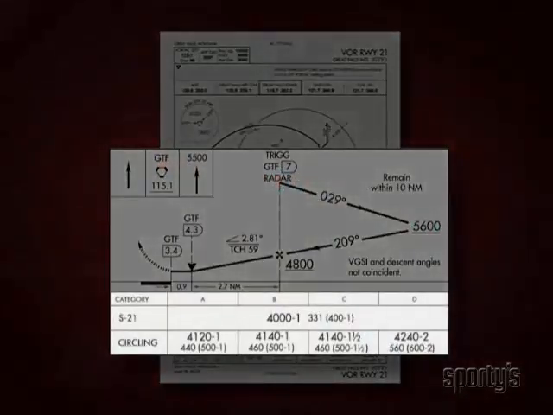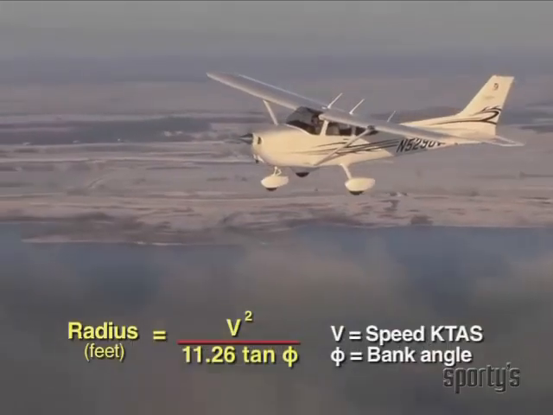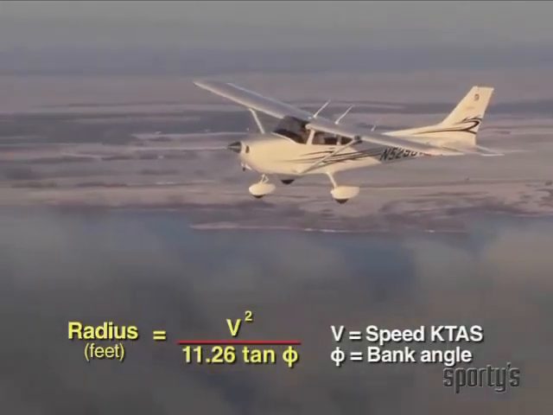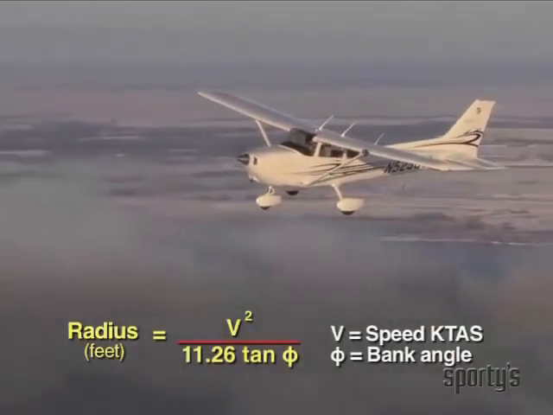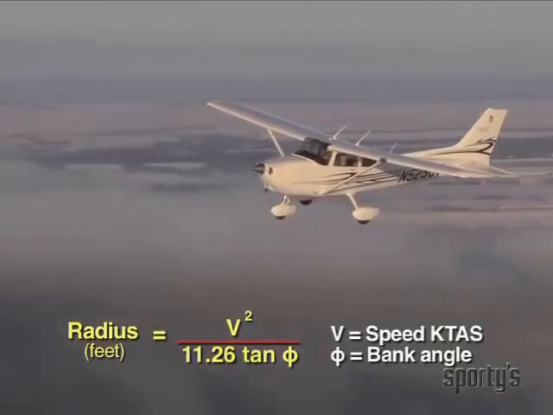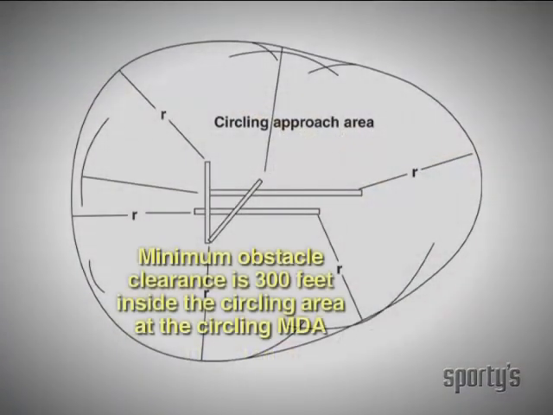Aircraft approach categories are primarily established for circling approaches. The size of the circle flown is related to the speed of the aircraft squared. Twice the speed quadruples the radius of the turn. The obstacle clearance area for circling approaches is determined by connecting arcs which extend from the center of the runway ends.